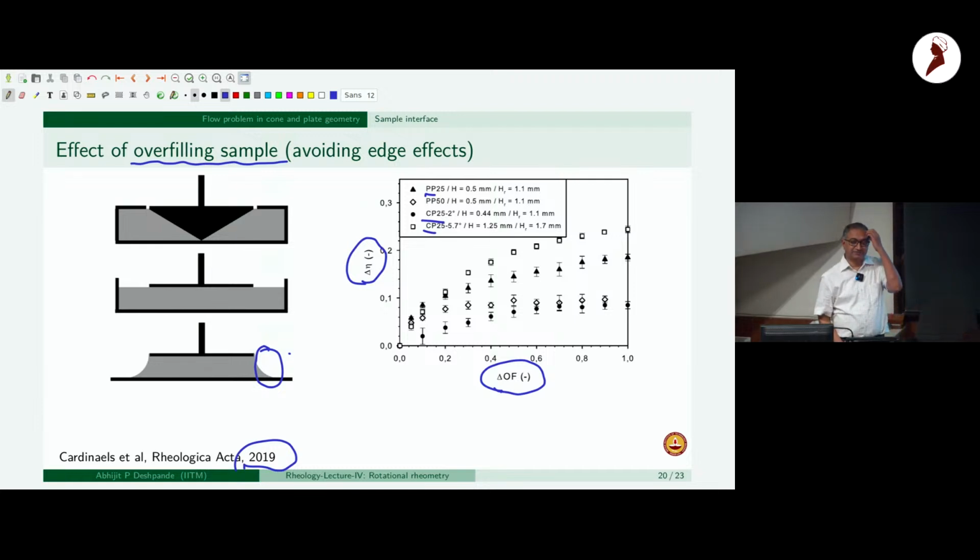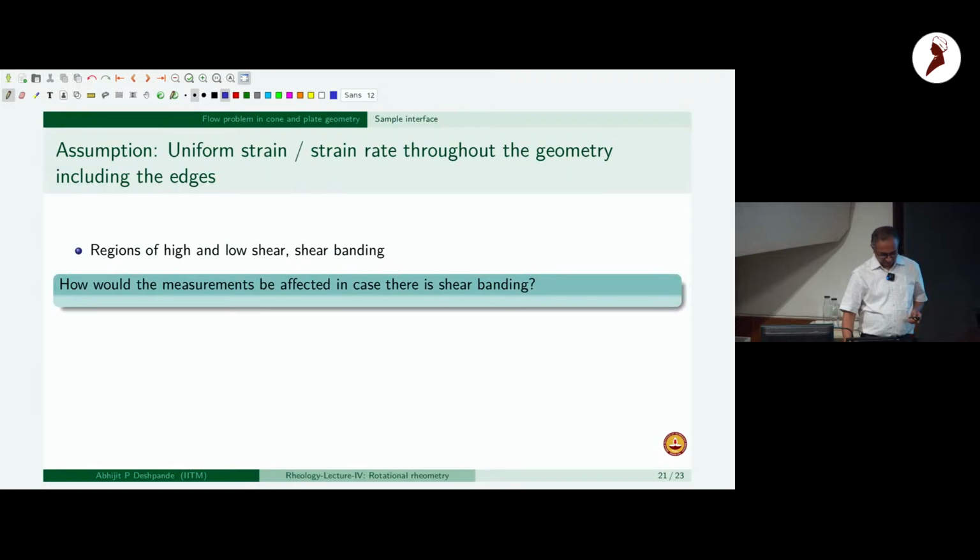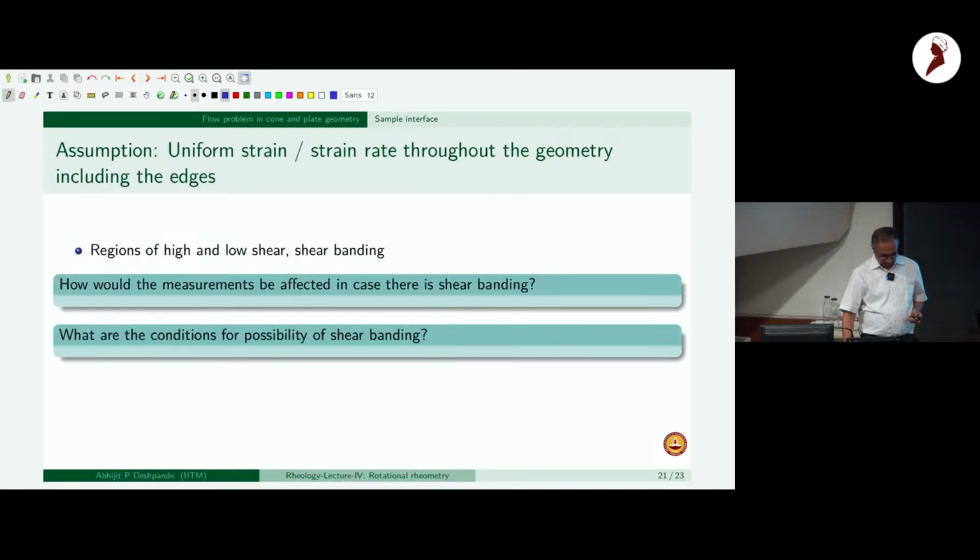So many of these effects are important when we are trying to make quantitative judgments. For qualitative phenomena, maybe some of them may not be as important. Of course, shear banding is an important factor which I have not discussed here: the material itself may break into regions of high shear and low shear, and therefore the commanded shear rate is something in between the high and the low shear rate.